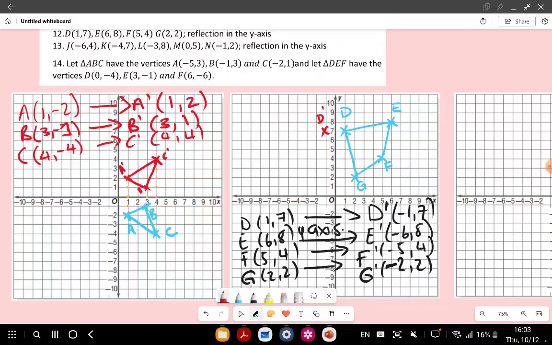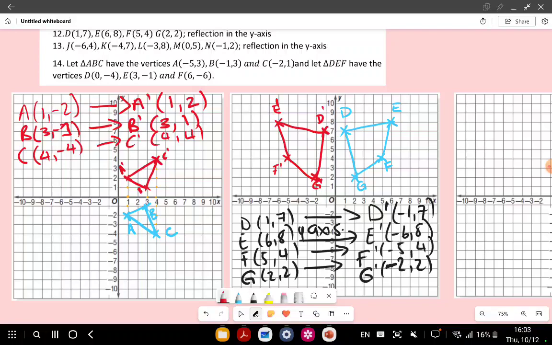That's D1. E1 is going to be negative 6, positive 8. That's there, E1. G1 is going to be over there. And F1 is going to be here at negative 5, 4. Connect the dots, and there you go. That is your sketch.